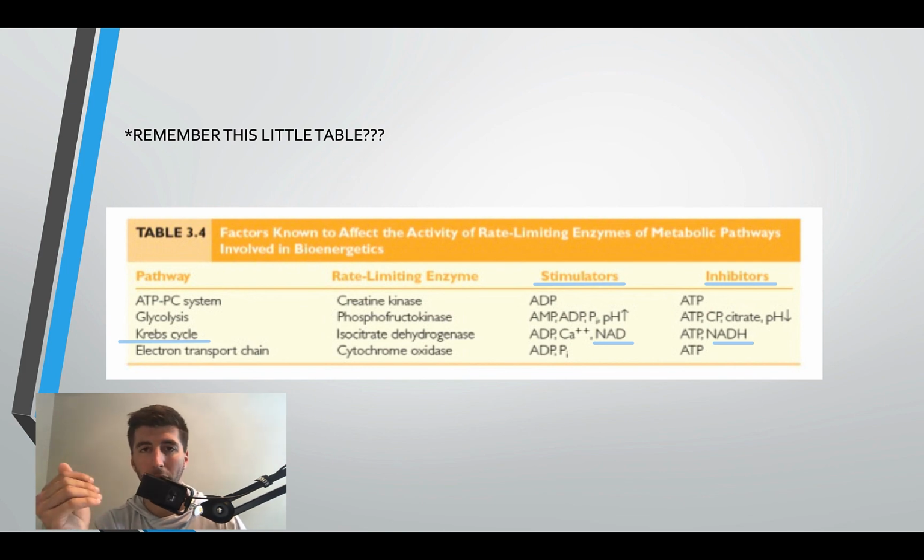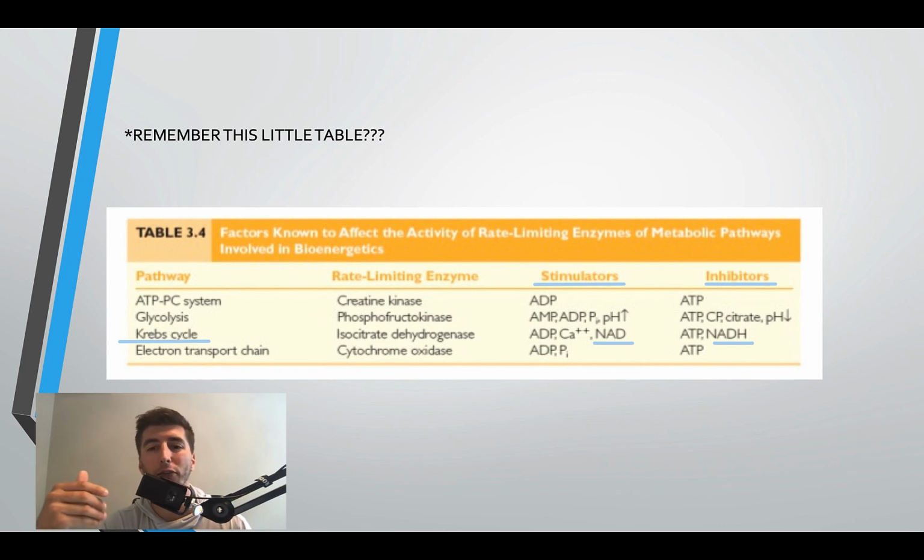So Krebs cycle, as you guys remember, and you should remember this table because it was in our last module, Krebs cycle is going to be stimulated and inhibited by the NAD and NADH ratio. And what that means is that in a high NAD and in a low NADH environment, the Krebs cycle is going to try to spin up some more, because remember, we want to make sure that we have this kind of Goldilocks place of energy.